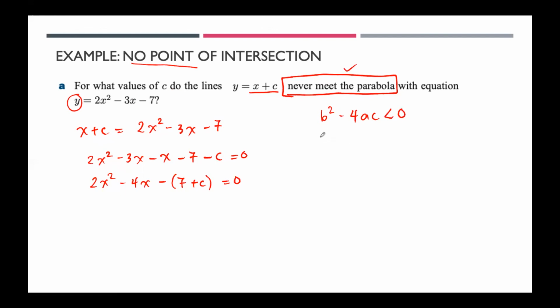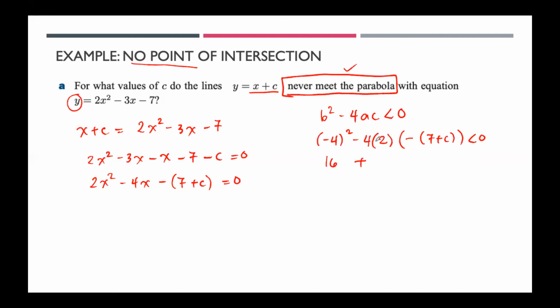So therefore, your b is just negative 4. We're going to square that. Minus 4 times your a is positive 2. Your c is negative of the bracket (7 plus c), okay, is less than 0. Simplify, this gives us 16, and this gives us negative times negative becomes positive.